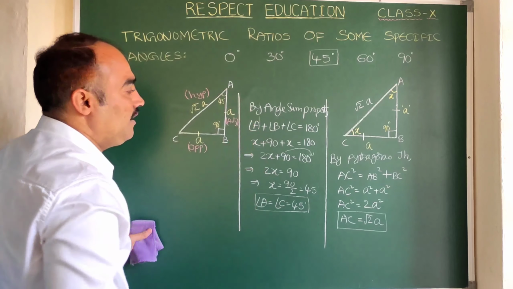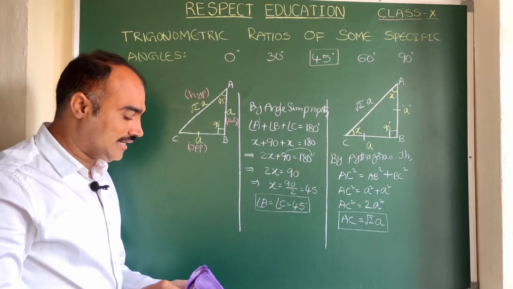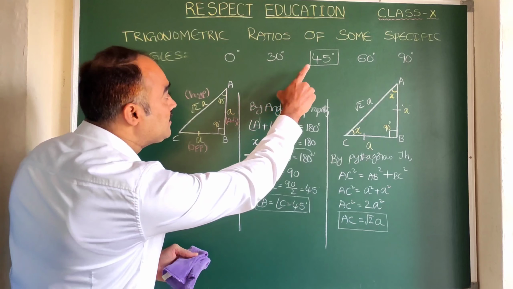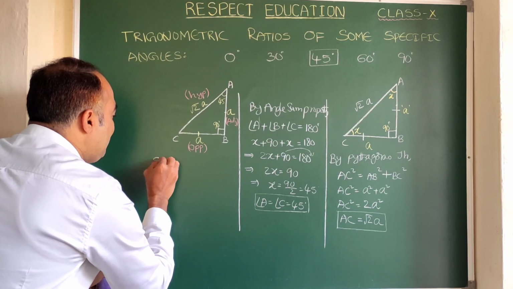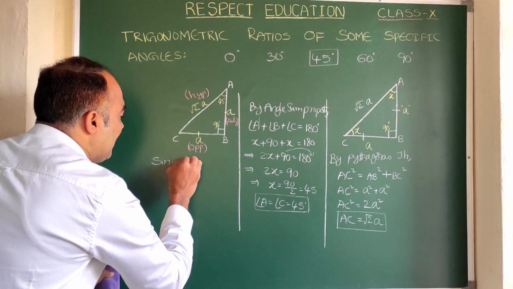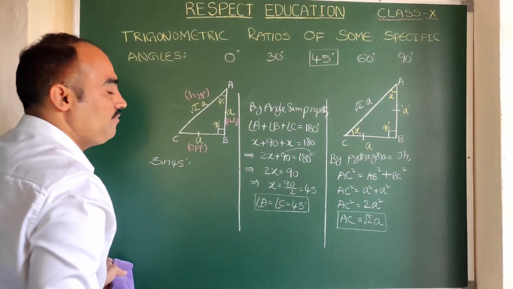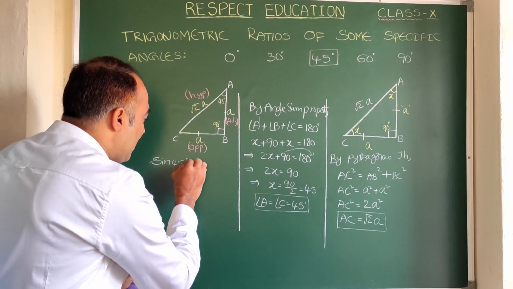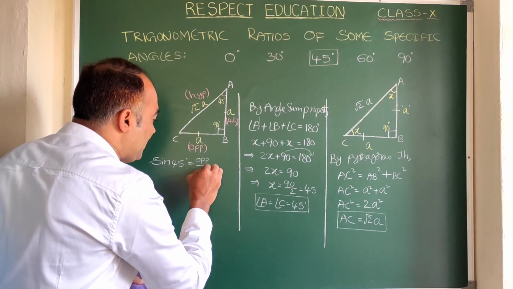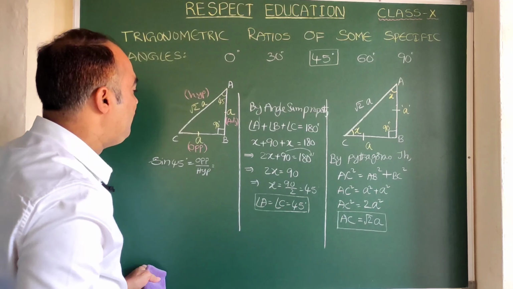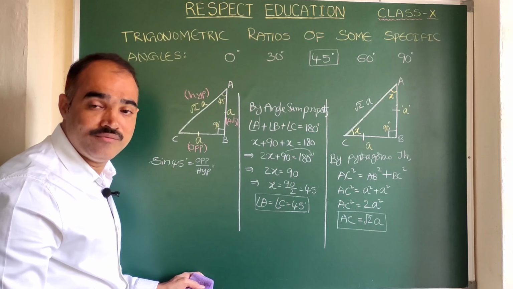Now we are going to find all the trigonometric ratios for this 45 degrees. First one, sin 45 degrees. Sin theta formula is opposite side to theta by hypotenuse.